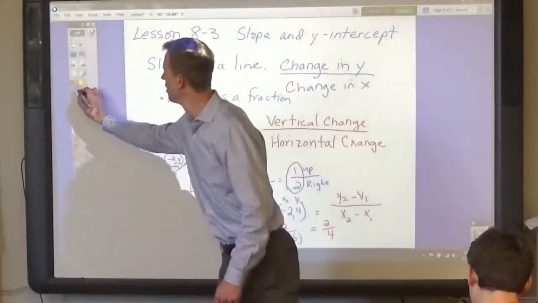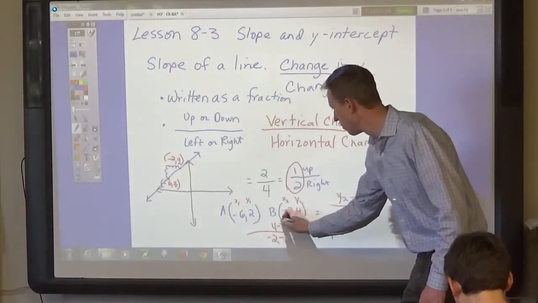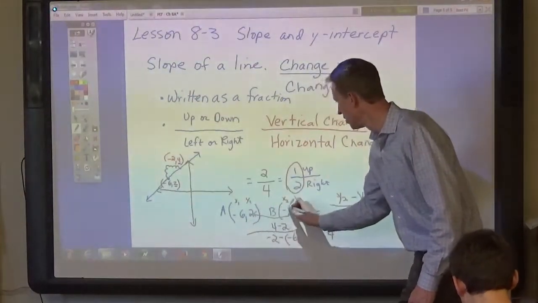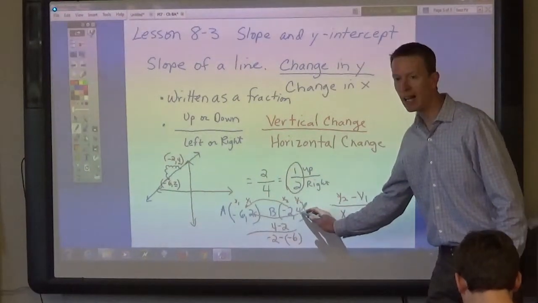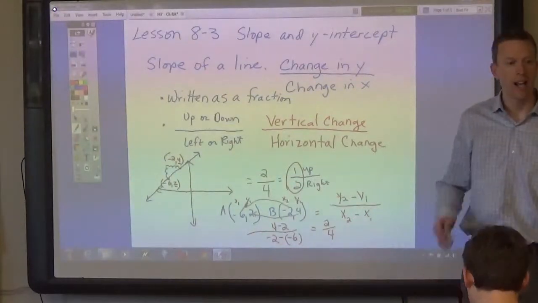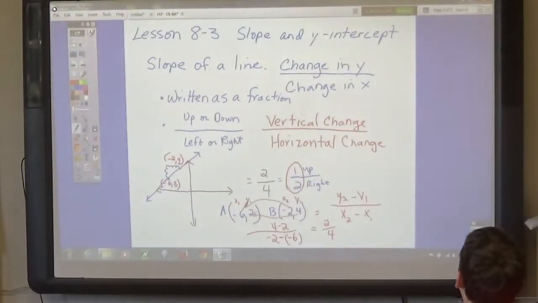Look at this drawn out this way. 4 minus 2, -2 minus -6. We're starting with the second one and subtracting the first one. And you have to keep that same order when you're calculating the slope.